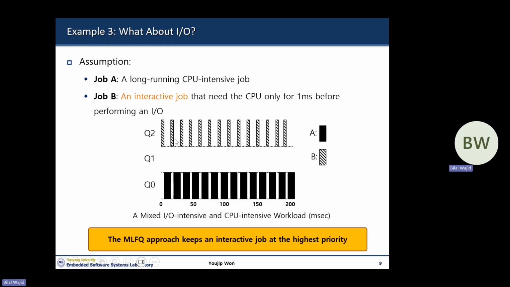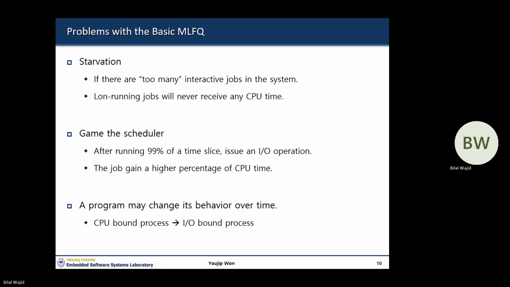B is in the block state because B is waiting for some input output. The only job in the ready state is A. Therefore, A runs. And that's why you see the CPU flickering between A and B, switching between A and B.